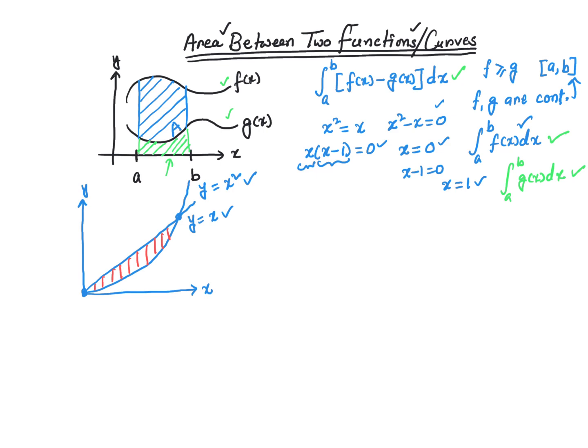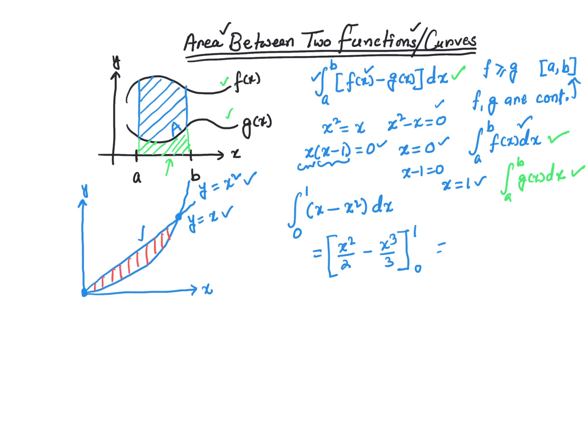So let's go ahead and evaluate the integral. I'm going to write the lower limit at 0, upper limit at 1. My f of x is the bigger one, which is the top one, the straight line. So I'm going to put x minus x squared, the smaller function, dx. And if I integrate it, it's very simple. It's going to be x squared over 2 minus x cubed over 3, evaluated from 0 to 1.